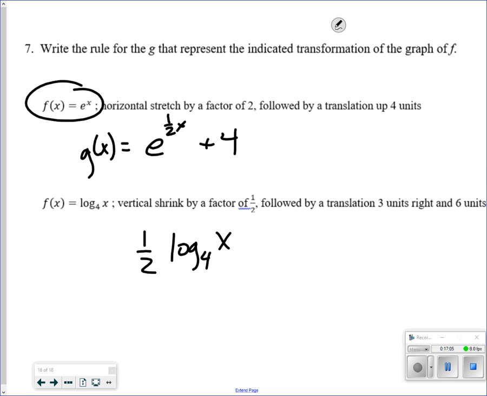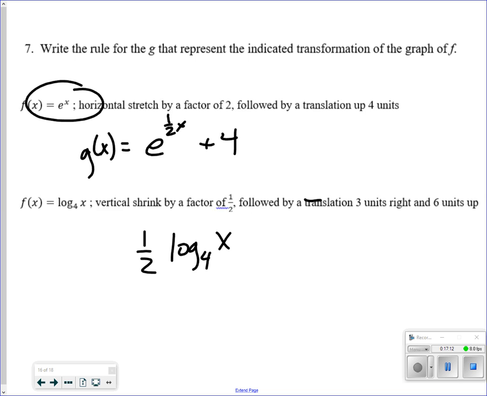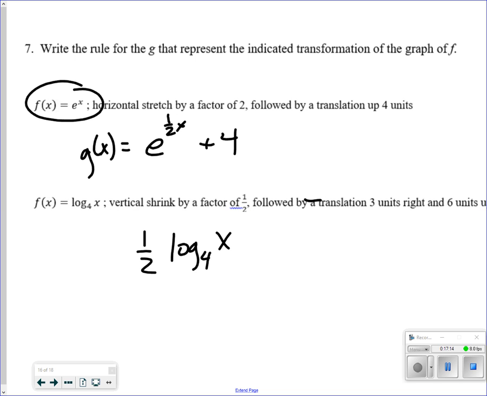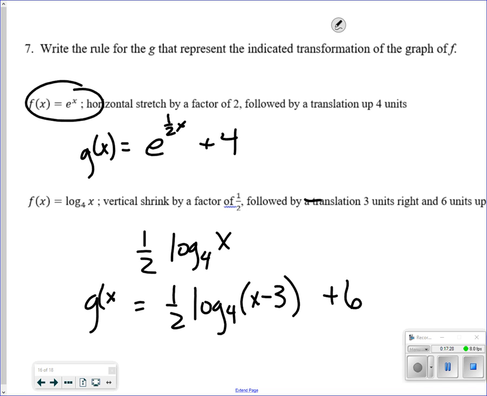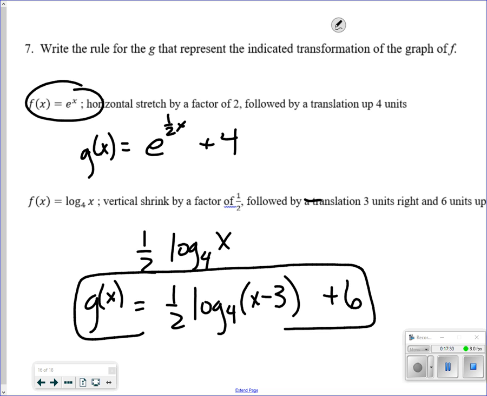I can't read this, so hold on, I'm going to hit pause. All right, I'm back. It does say 6 units up. I just had to move that over a little bit so I can read it. So I want to go 3 units to the right. So I'm going to replace x with x minus 3. And then I'm going to add 6 to go up. And that is your new g function.